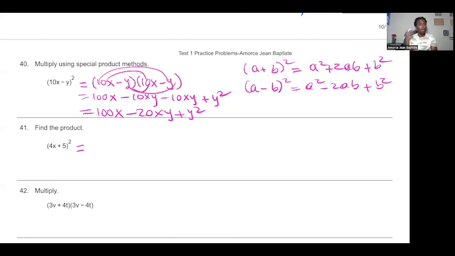You can use it, or you know what? I'm not going to do FOIL for this one since you understand the FOIL and I've done one. So let me go ahead and just do this formula for it.